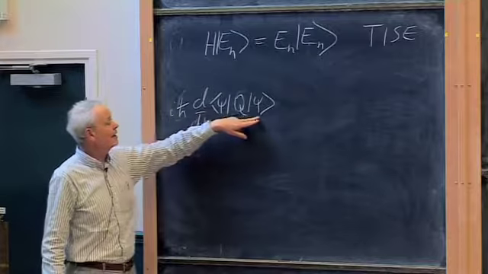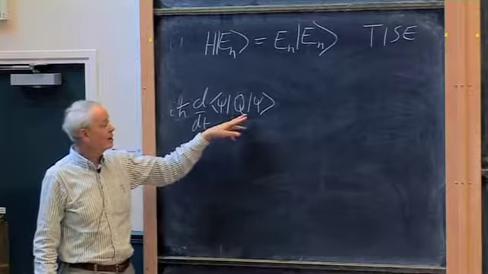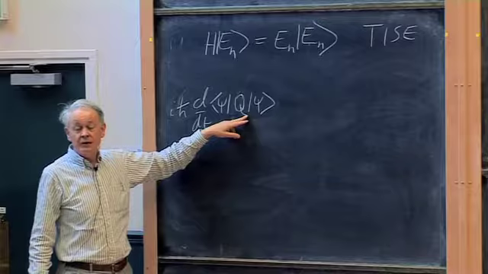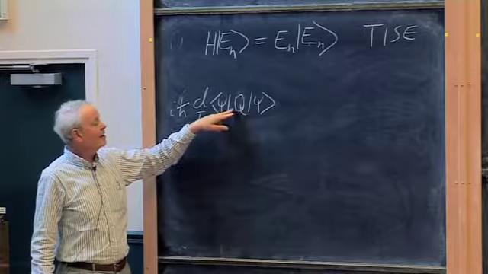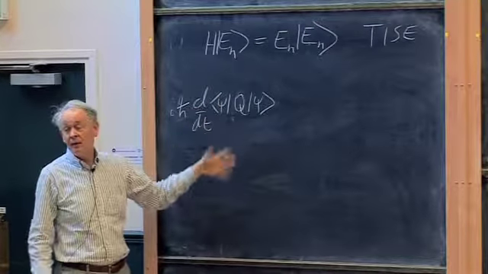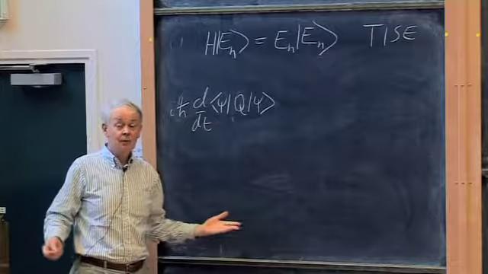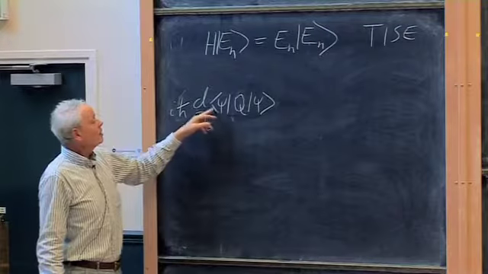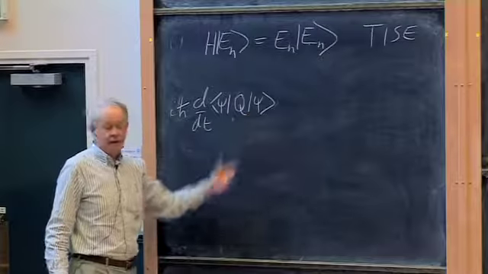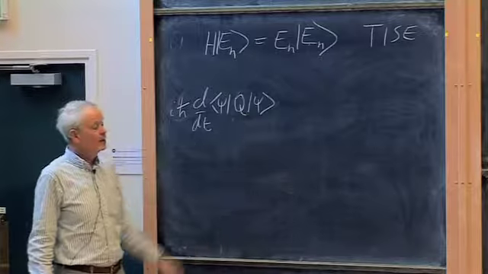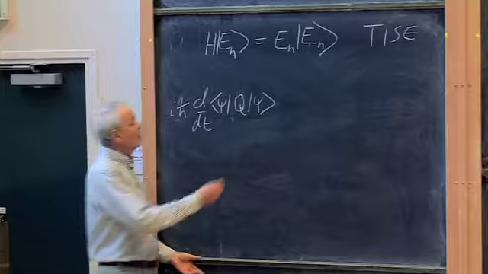So we're trying to calculate the rate of change of the expectation value of something. This something might be position, so this might be x, this might be momentum, it might be energy, it might be angular momentum, whatever you want to know about the system. This would tell you the rate of change of the classical value of that variable, because the classical value is the expectation value. So what is that?